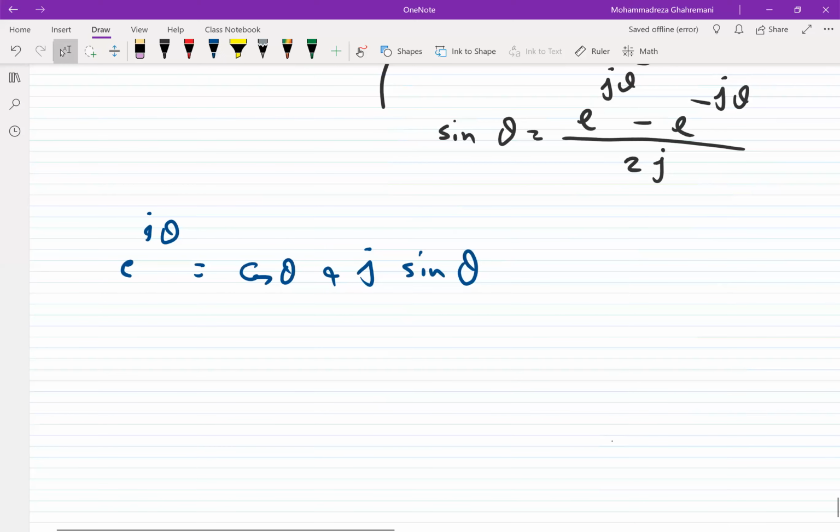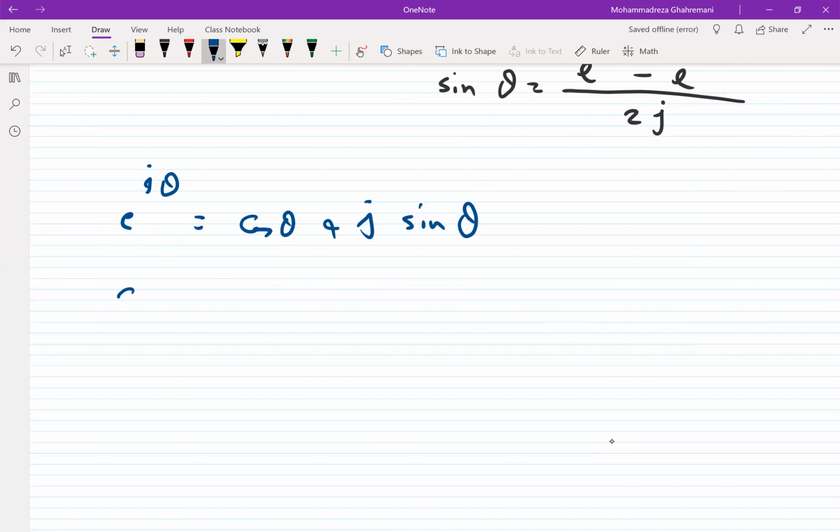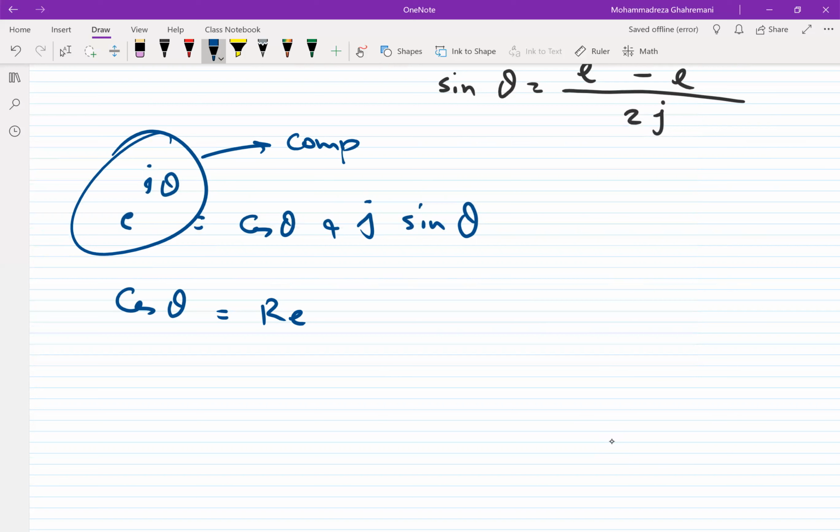In another way, if we consider e to the j theta as a complex number, we can say cosine of theta is the real part of this complex number.